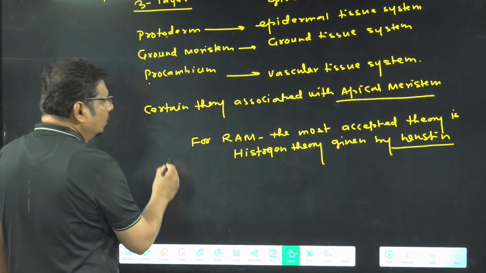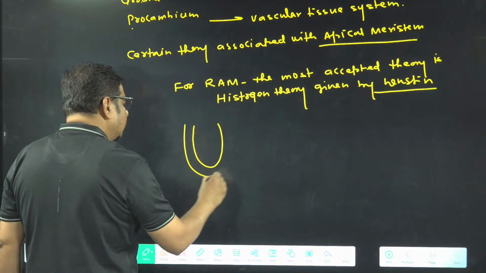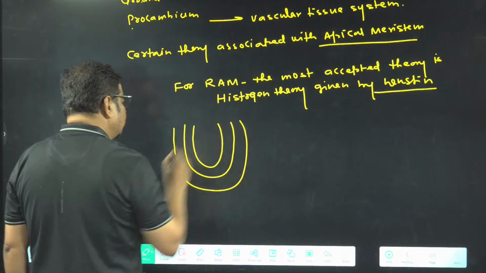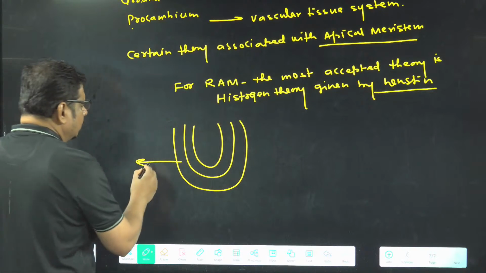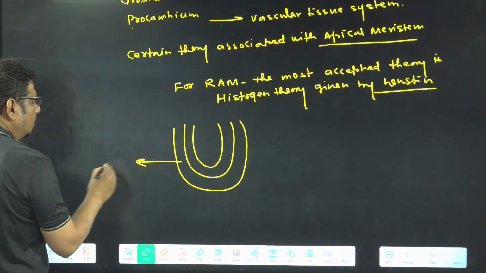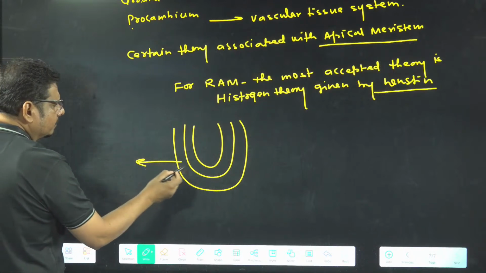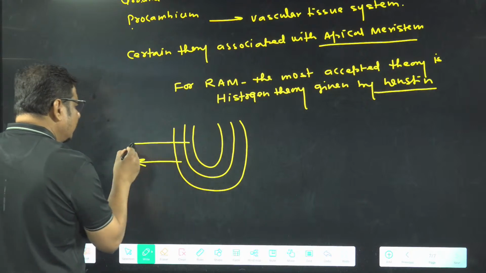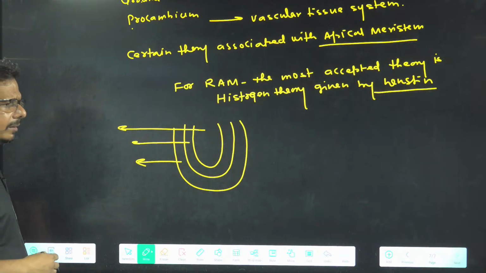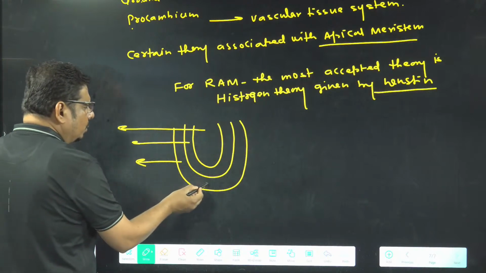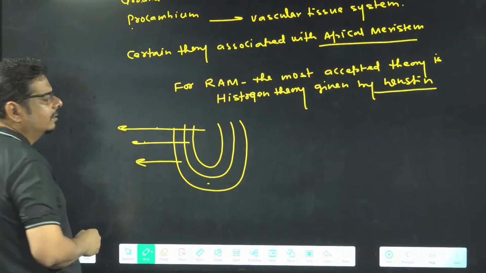So what Hanstein told, in root apical meristem, 3 histogens are there. Right? How many histogens are there? 3 histogens are there. Outermost histogen is which one? Outermost histogen, second layer of the histogen, and innermost histogen. Getting the things or not? So 3 histogens are there: outermost, then second, then third histogen.